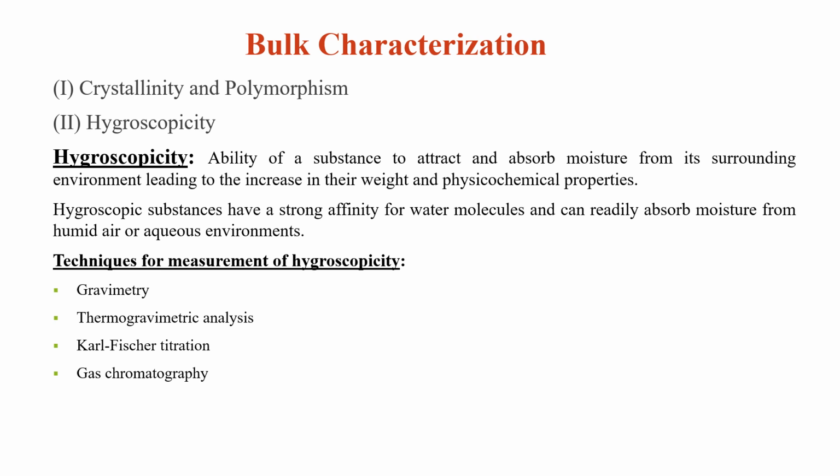These hygroscopic substances have a strong affinity for water molecules and can readily absorb moisture from humid air or aqueous environments. Basically, this type of substance requires special packaging and formulation under controlled conditions. Here are some techniques for the measurement of hygroscopicity: the gravimetry method, thermogravimetric analysis, Karl Fischer titration, and gas chromatography.